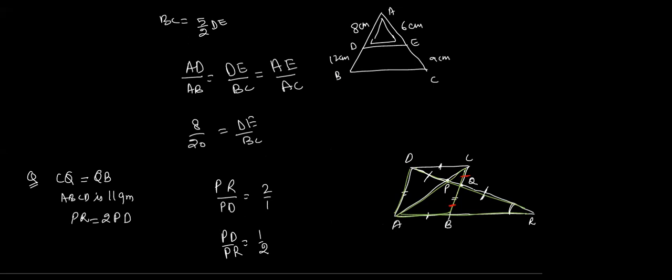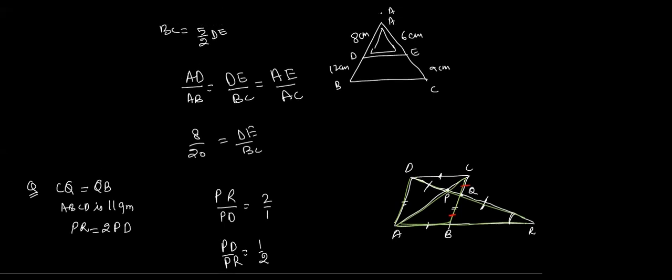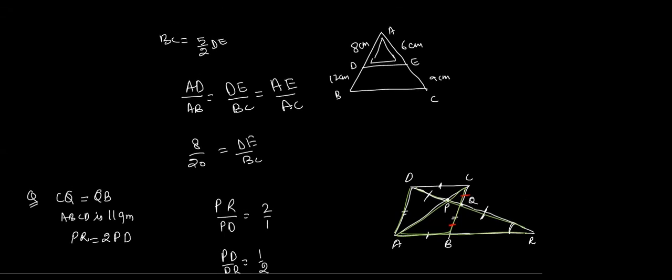We have these two triangles, and it is being given to us that BC is equals to, which one triangle? This one. BC is equals to 5/2 DE. Okay.